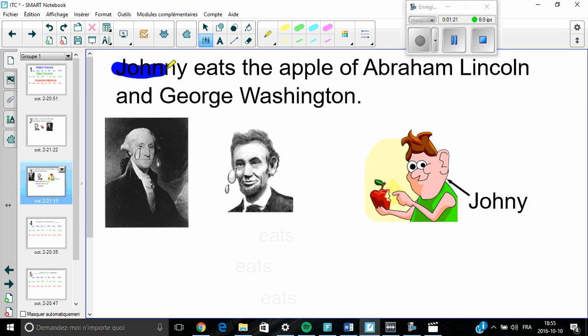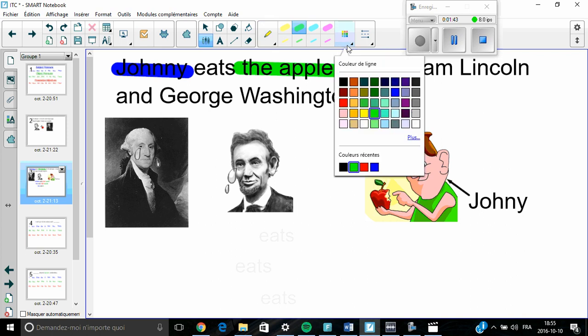So Johnny eats the apple. But can you guys think of what is Johnny eating? Like, is he eating a banana? No, he's eating the apple, right? Good. So Johnny eats the apple.